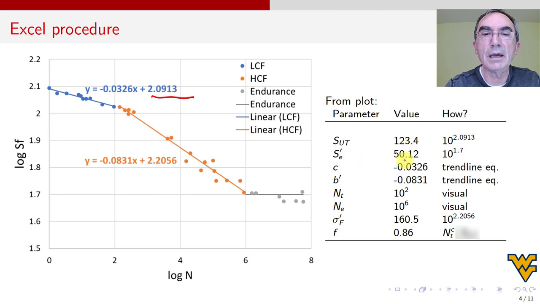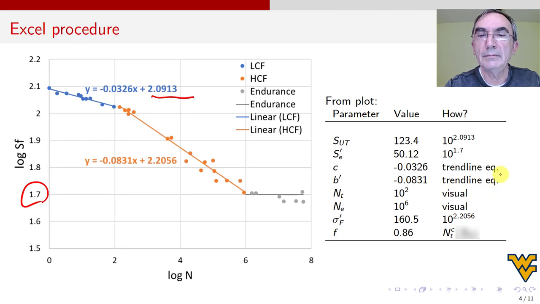Sc prime is where this line is, which is 10 to the 1.7. You do that, and it gives you 50. C is minus 0.0326 from the trend line equation. b prime is minus 0.0831 from the trend line equation.